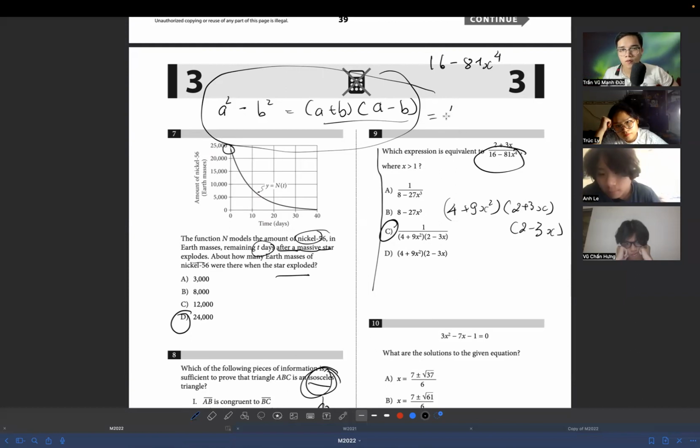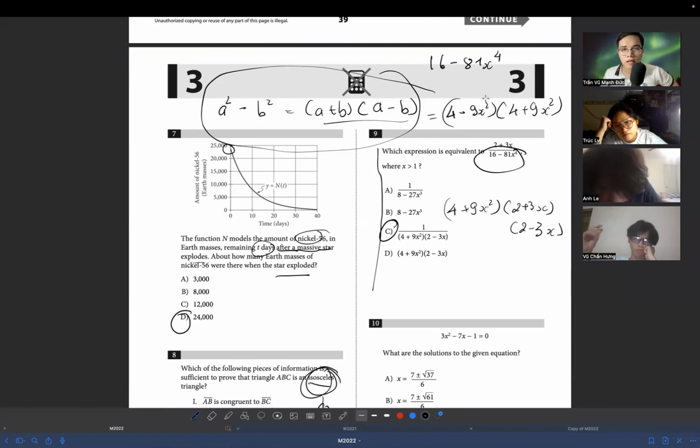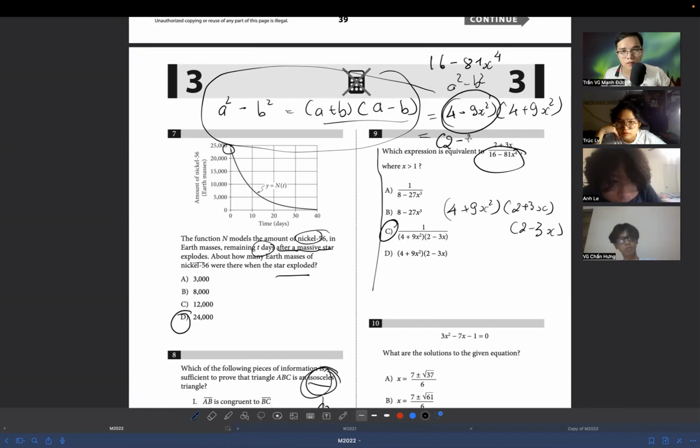It goes 4 minus 9x squared times 4 plus 9x squared. And again, you will see this is a squared minus b squared. This is just a special equation. And you have 2 minus 3x times 2 plus 3x. Very simple, right? Times 4 plus 9x squared. So we get C because it cancels out. See, 2, 3, they cancel out. C, correct?